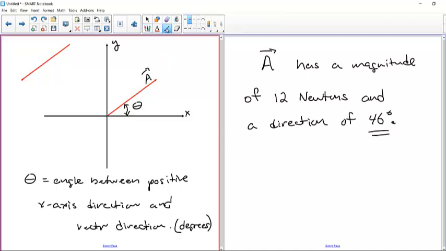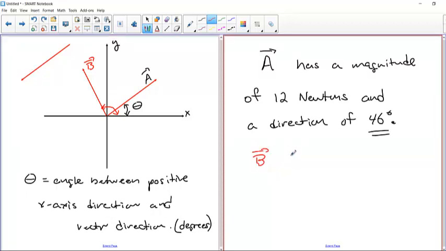Let's just pick another vector. So let's call that vector B. Relative to vector A, they're pretty close to each other, maybe slightly smaller in length. The angle for vector B would be here, so it would be greater than 90. Let's just give it some values.